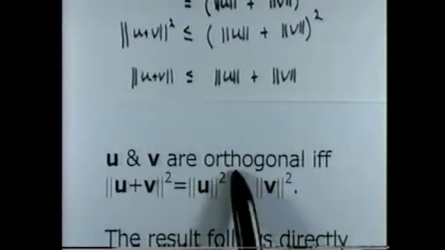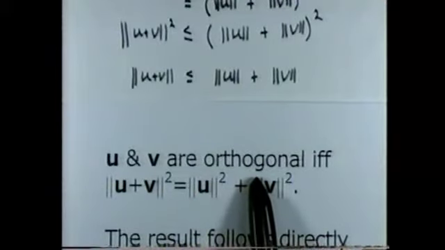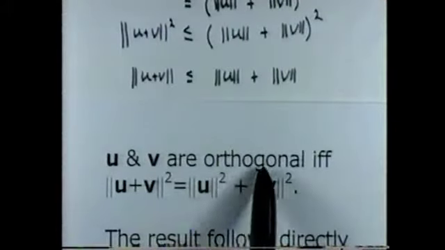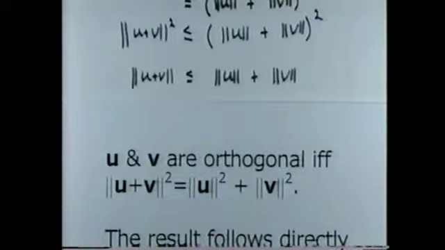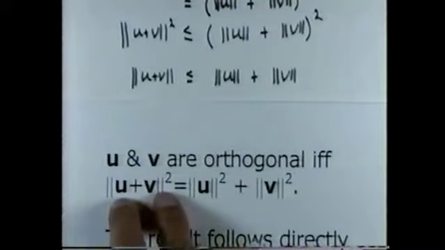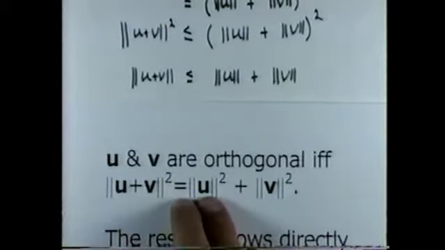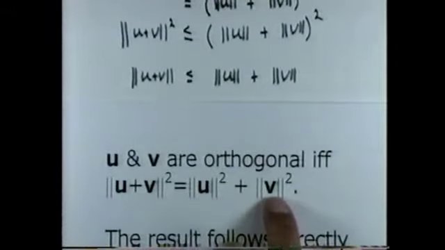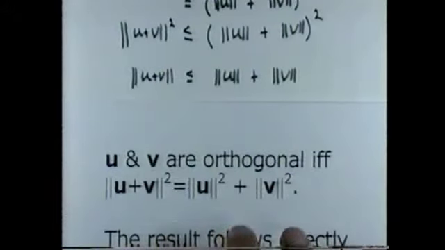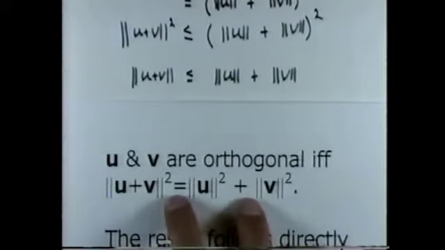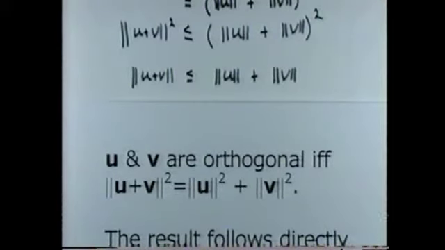So this gives us another test for orthogonality. If the magnitude of u plus v squared is equal to the magnitude of u squared plus the magnitude of v squared, then u and v are orthogonal. This is sometimes called the Pythagorean check. Notice the similarities with the Pythagorean theorem.